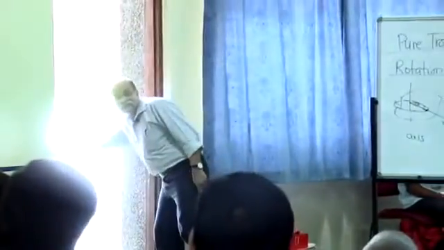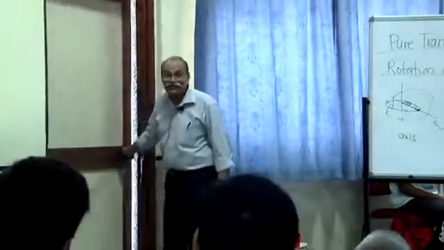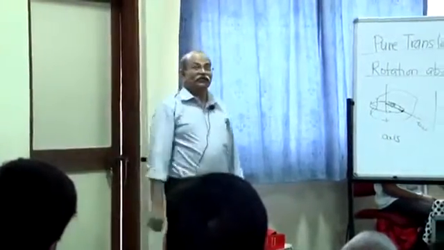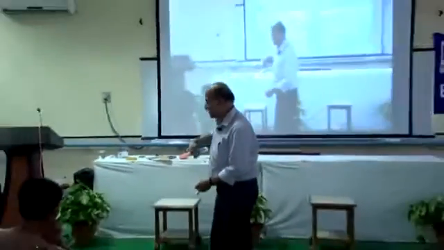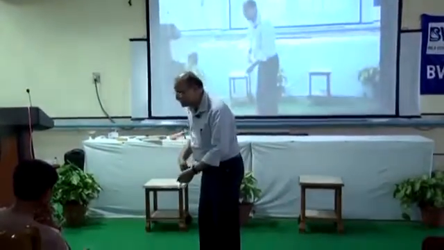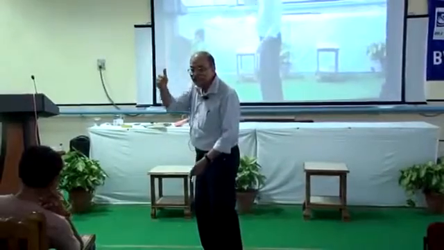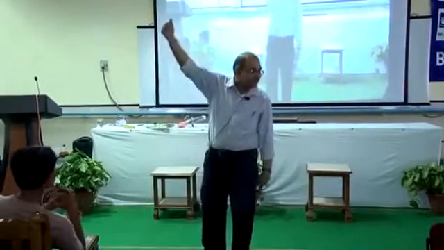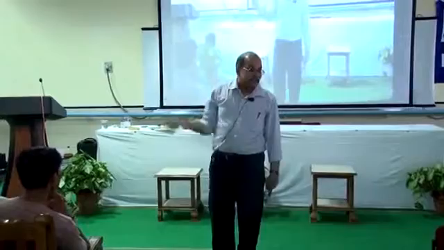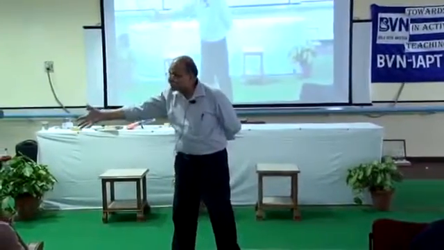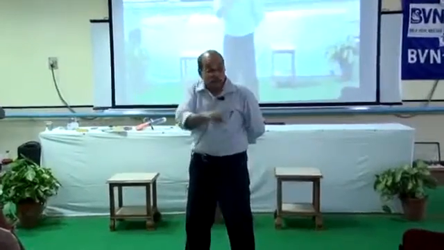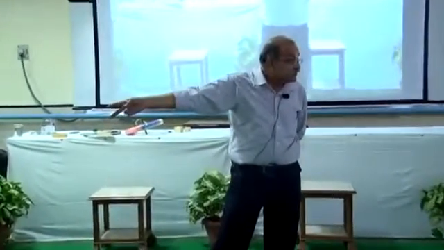Now what happened? Angular velocity was created. Upward or downward? Upward. Look from the top, look at the circles. It is towards me, so the angular velocity is in the vertically upward direction. Angular velocity was zero, and now the angular velocity was created, so there was an angular acceleration in that period.